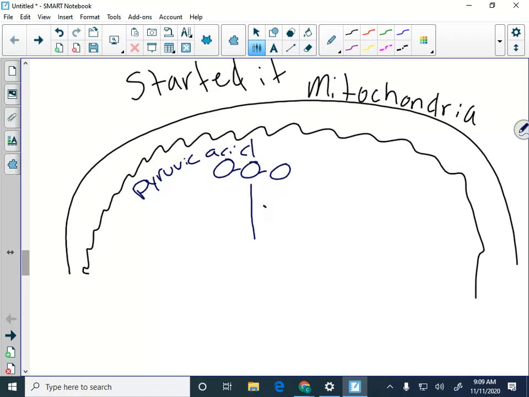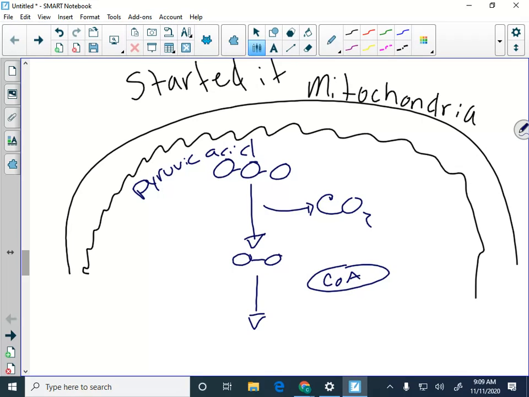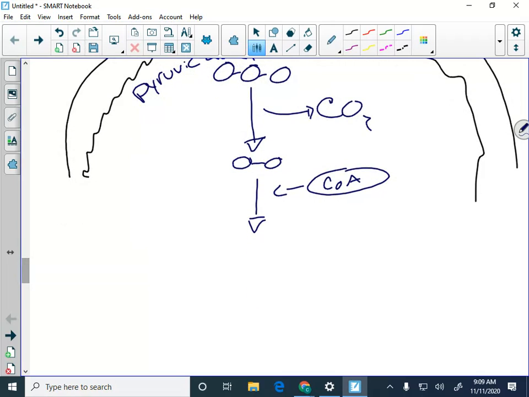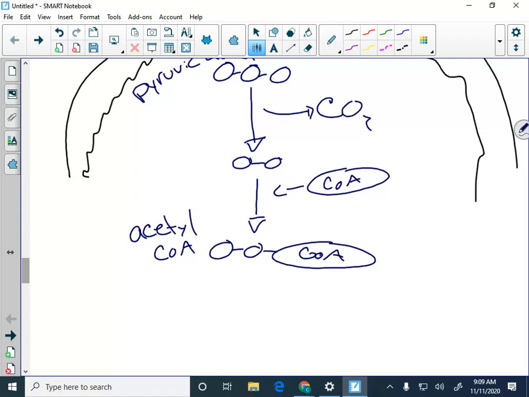Pyruvic acid is going to lose CO2, and we'll have 2 carbons. We're going to add that CoA molecule. And this is our acetyl-CoA.